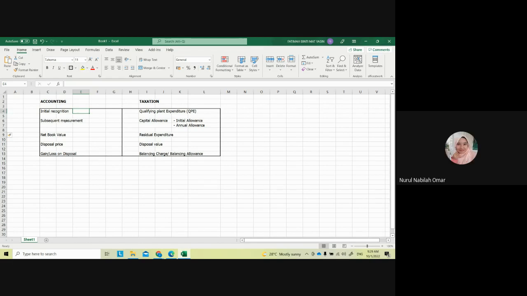Straight line method. Reducing balance method, correct. Last one? Units of production. So that's basically the accounting perspective, depreciation.